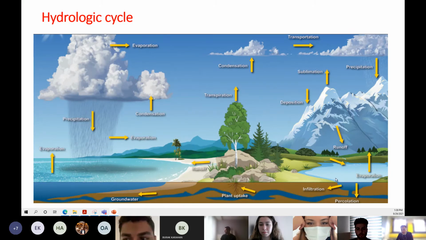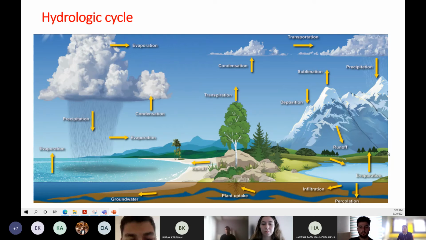Now, so we know runoff and infiltration, but what will happen to the water below the ground, the infiltrated water? What will happen to the infiltrated water?